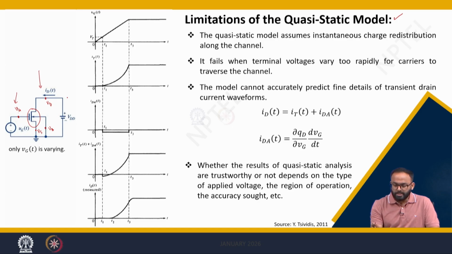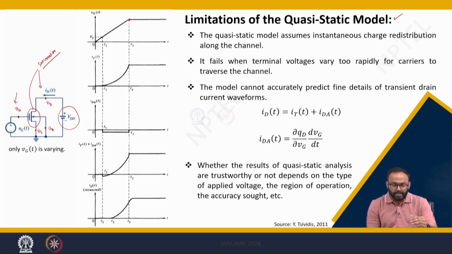We put the voltage VDD in such a way that the transistor will be in saturation, even when the maximum gate voltage is attained, so the transistor will not enter the non-saturation condition.